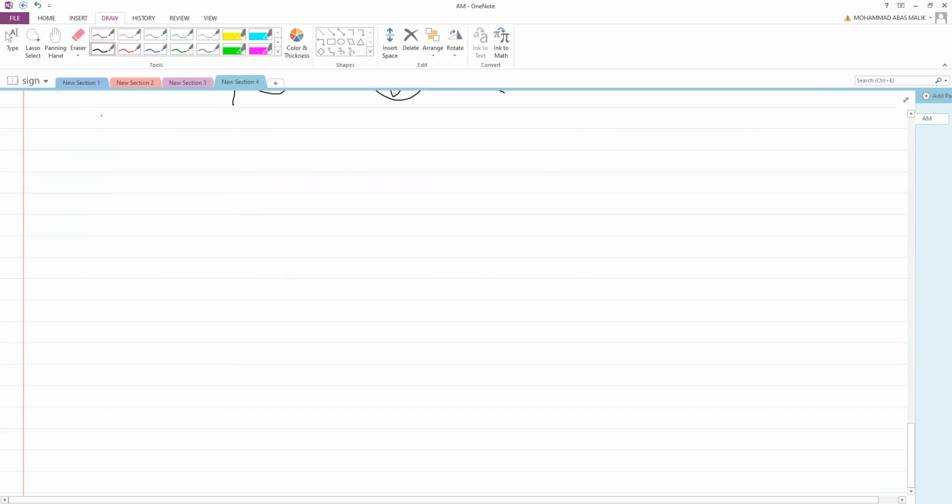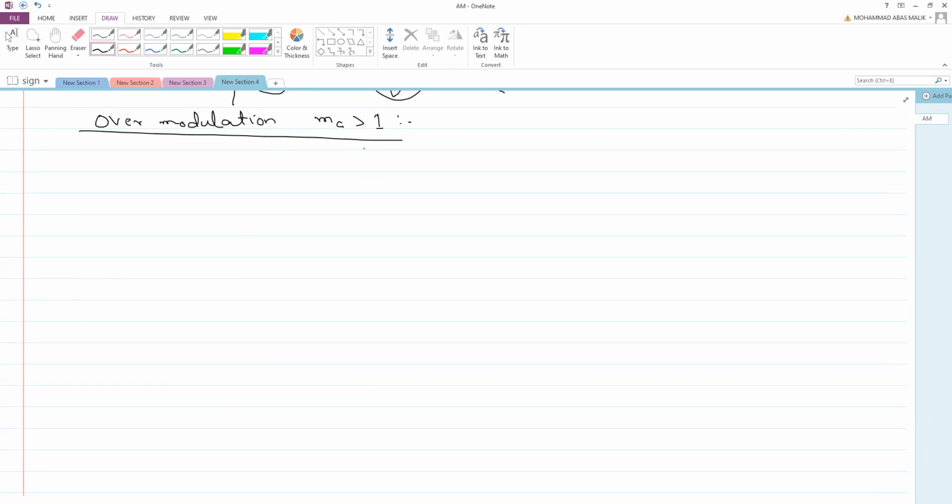So in case of overmodulation, you have MA greater than 1. This is called overmodulation. And you will see there is one typical problem that's called nonlinear distortion. That's also called envelope distortion. That problem persists in this, and we will see what that is.